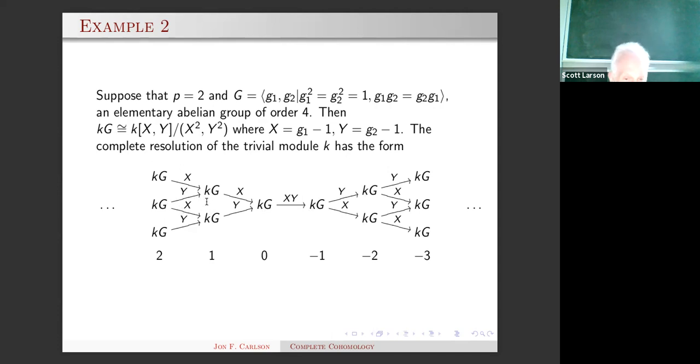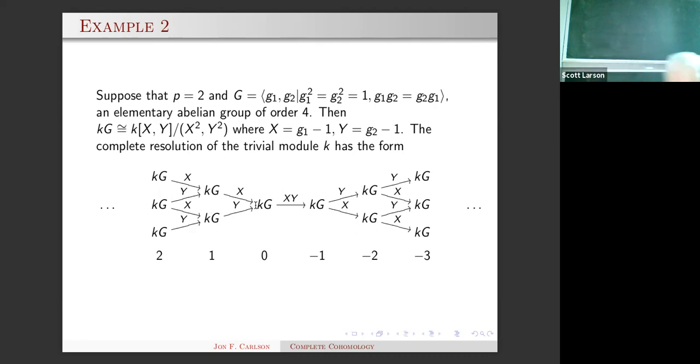So at any rate, it's the sum of 2 copies of Kg. In degree 2, I've got 3 copies of Kg. And you guessed it, in degree 3, I would have 4 copies of Kg, just the direct sum of those. And the maps are as given. The map from here to here is just multiplication by X. The map from here to here is multiplication by Y.